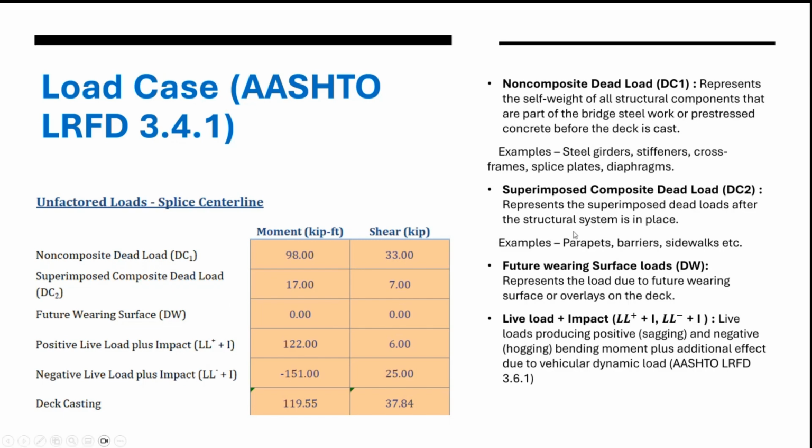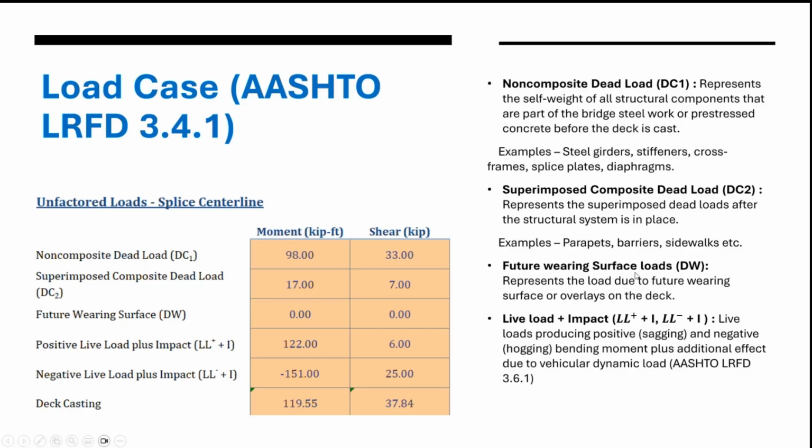The second one is the superimposed composite dead load, that is DC2. This represents the superimposed dead load once the structural system is in place, after it is cast. These can represent the parapets, barriers, and sidewalks.